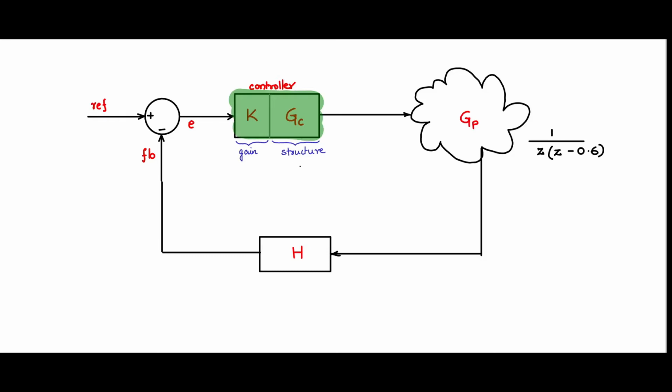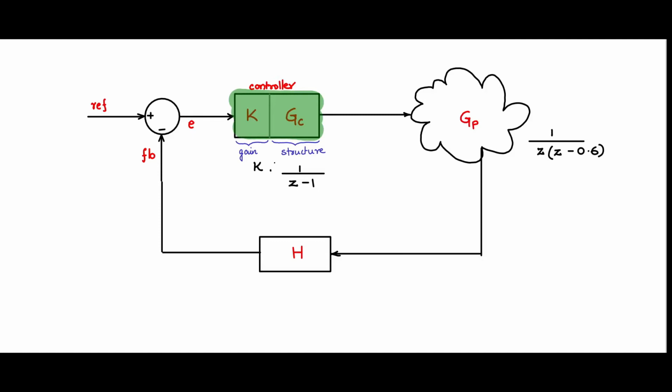GC, for PI control structure, I need to have a zero at z equal to -1 and a pole at z equal to 1. So this is the I portion, and then there is this gain portion k. This will give you a very simple PI control structure. Let us try this out and then see what we get.